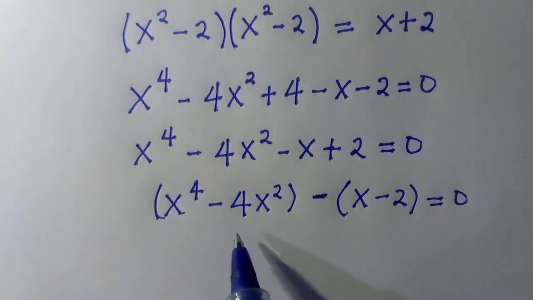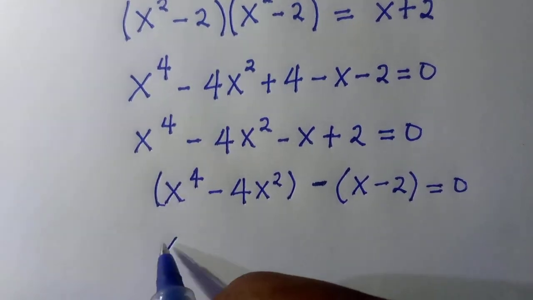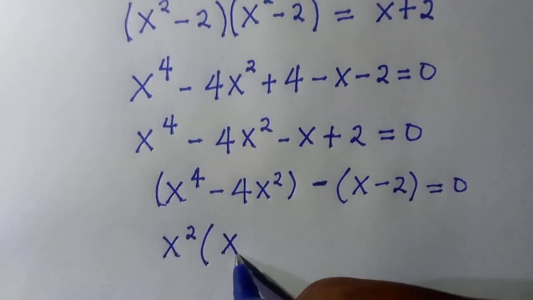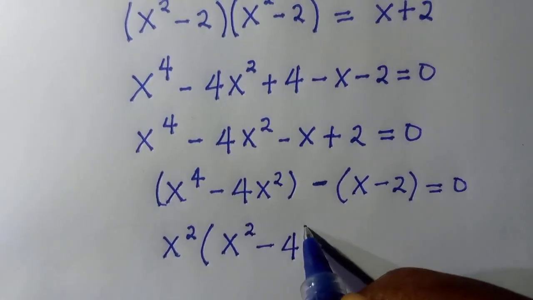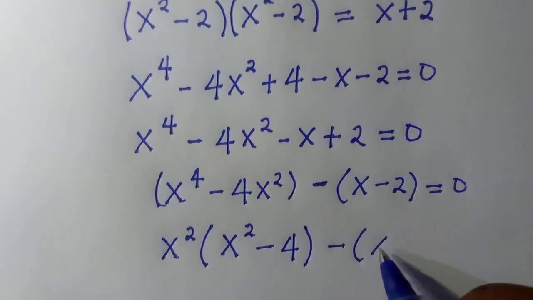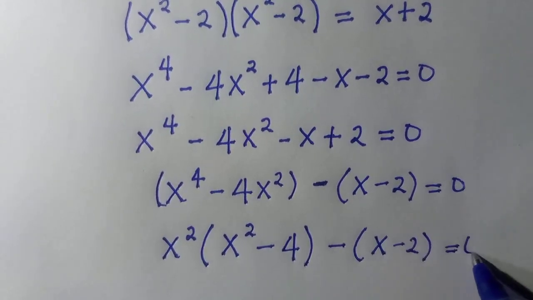What is common within this is x². By taking out x² here we are left with x²(x² − 4) − (x − 2) = 0.